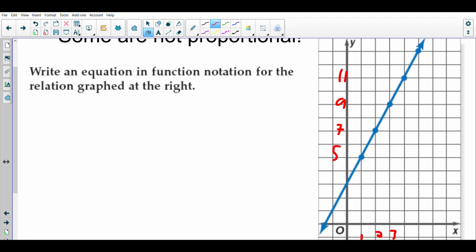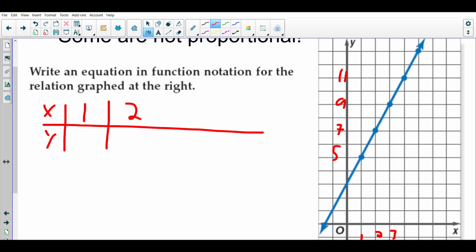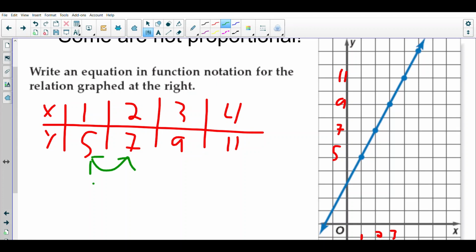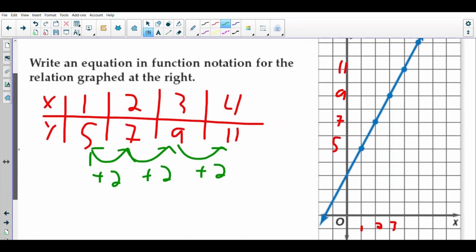So if I were to make a table for these, I get 1, 2, 3, and 4. I'm ending up at 5, 7, 9, and 11. Now this is always plus 2, so this implies that we're multiplying by 2.